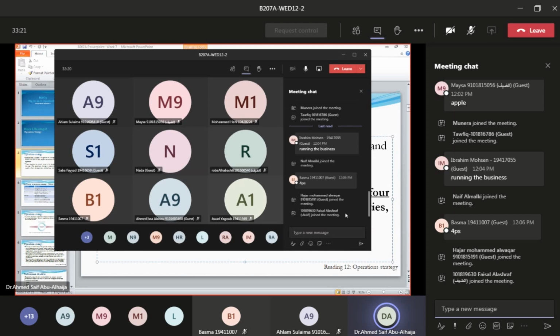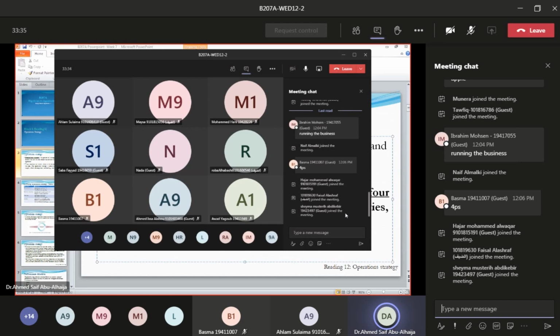What else? Accounting and finance. What else? Human resource management. That's the business functions, right? Marketing, accounting, human resource management, and finally operation. All the time remember this piece of information.